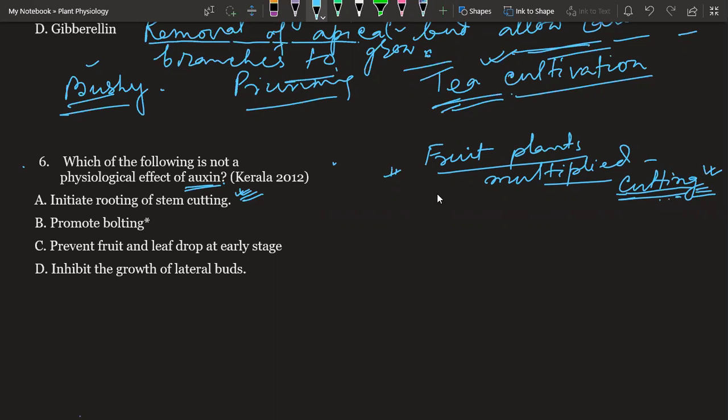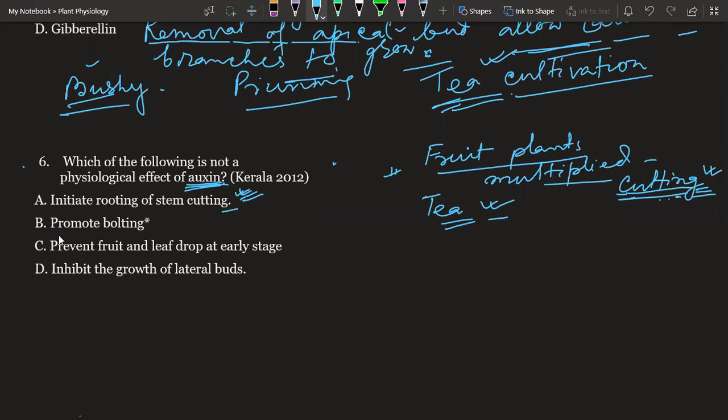This is also done in case of tea, different varieties of tea. By cutting it is maintained. So in the cutting, for faster root formation, this auxin is applied.